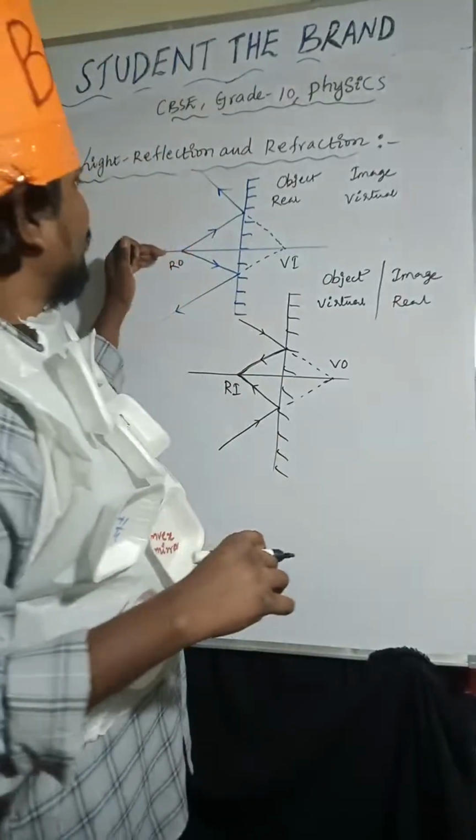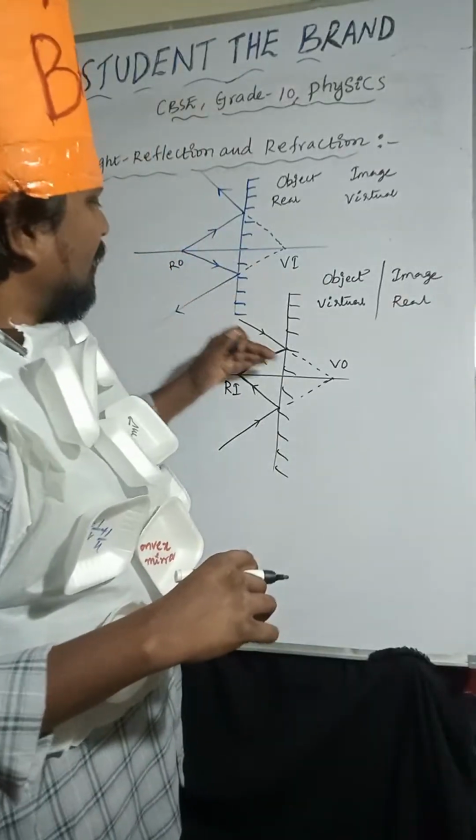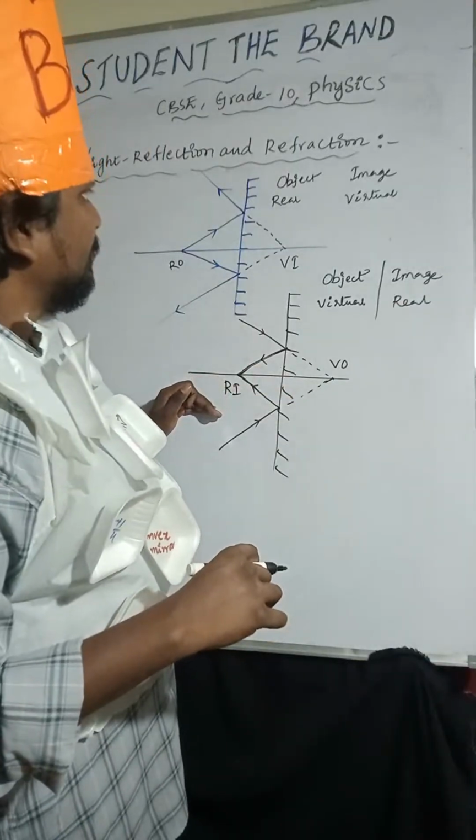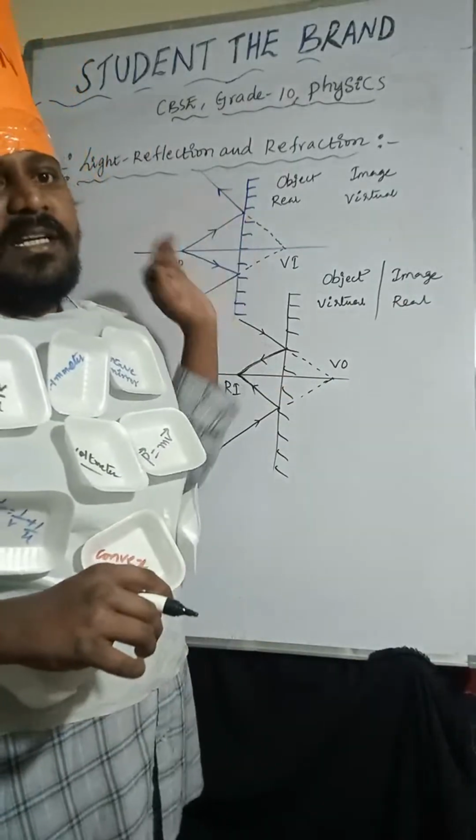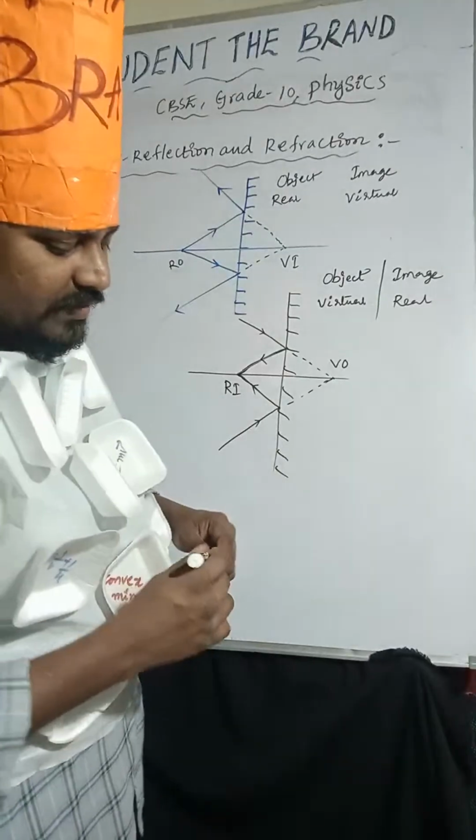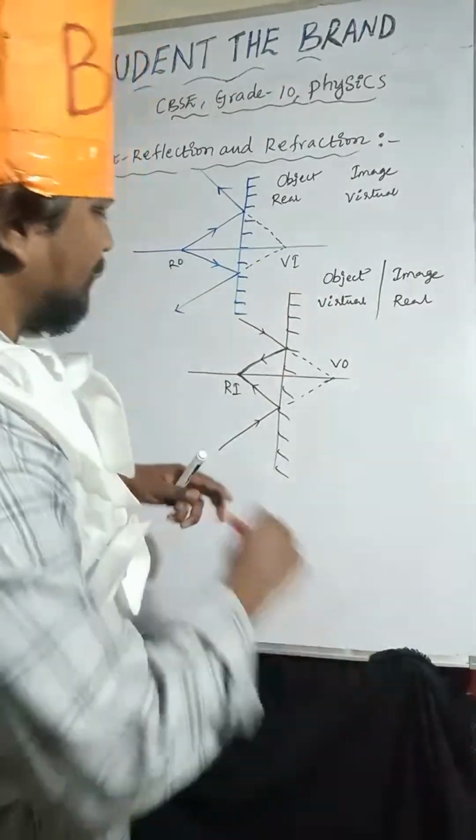Object is real, real object and virtual image. Object is virtual, image is real. Now coming to the definitions.